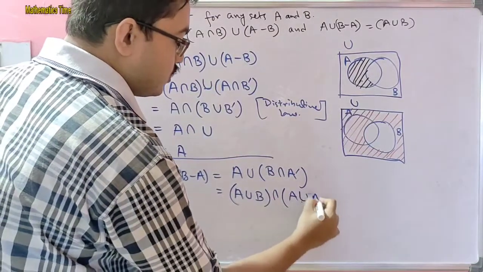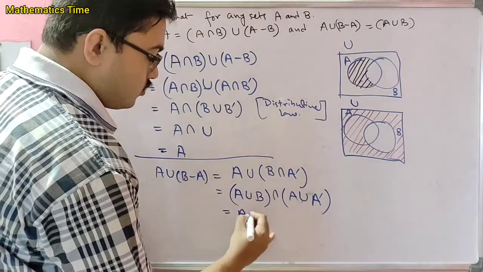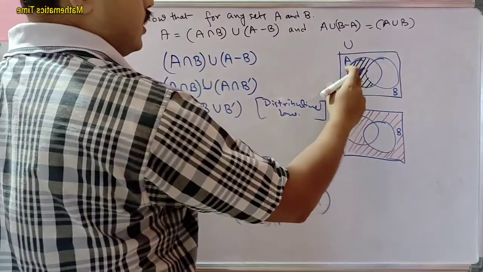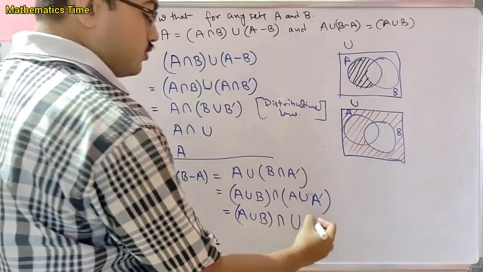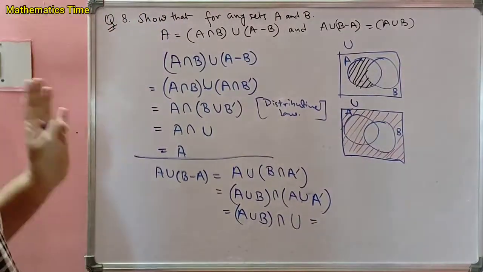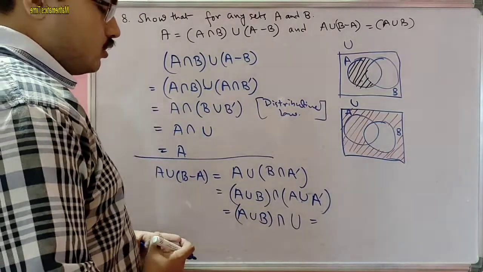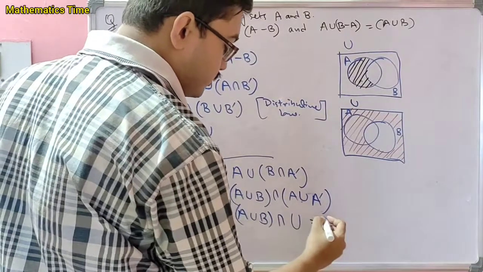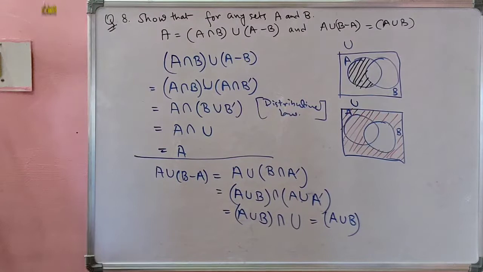A union A complement, that is the whole universal set. If we take any set and take the intersection with the universal set, we get the same set, the set itself. So A union B is the result.